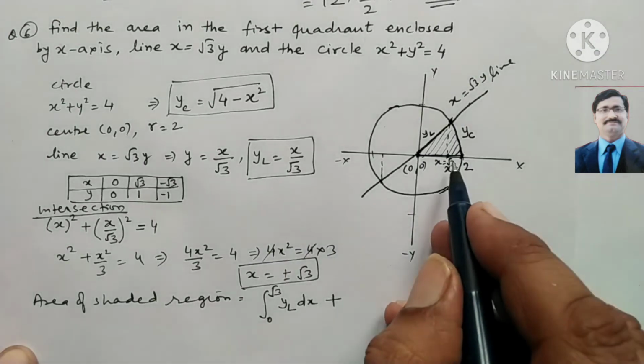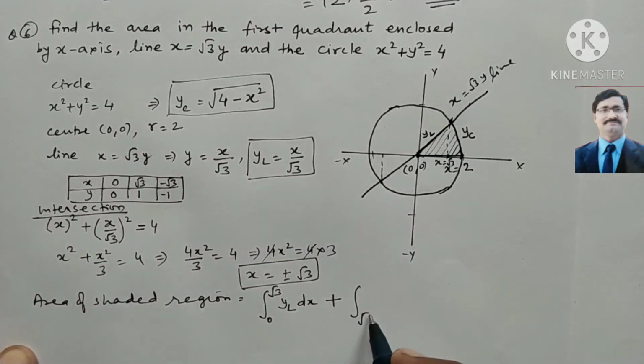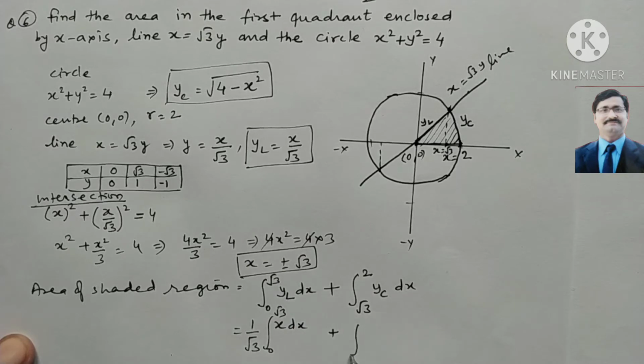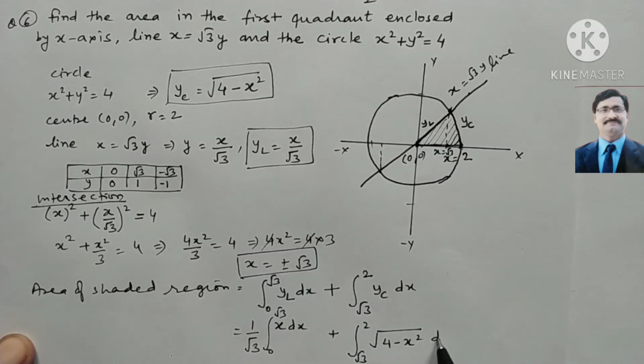Okay, and from these 2 points, from √3 to x = 2, we have y circle. Y circle means y from the circle, and y from the line is x/√3. 1/√3 we write outside. This is the integral from 0 to √3 of x dx, plus here from √3 to 2, y circle, which is √(4 - x²) dx.